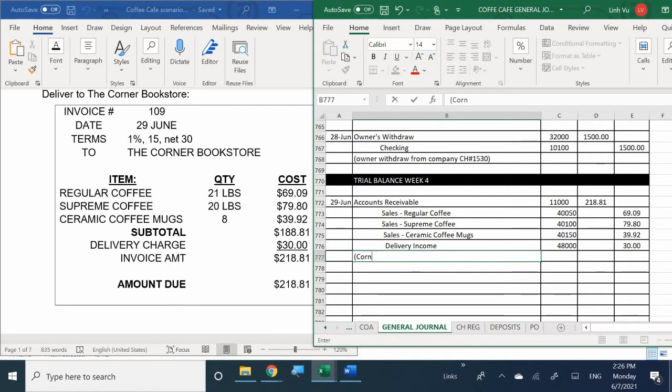So corner bookstore is 1%, 15, net 30. Oh, it's 15. Yeah, we like corner bookstore, so we give him special privileges. Okay. Invoice number 109.